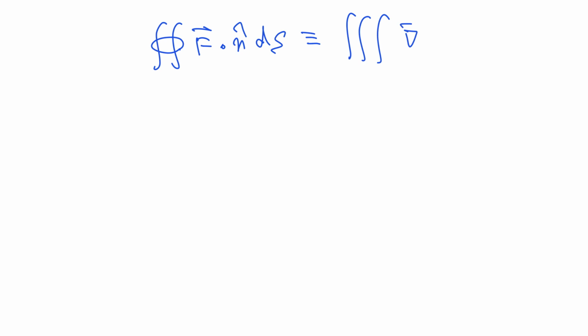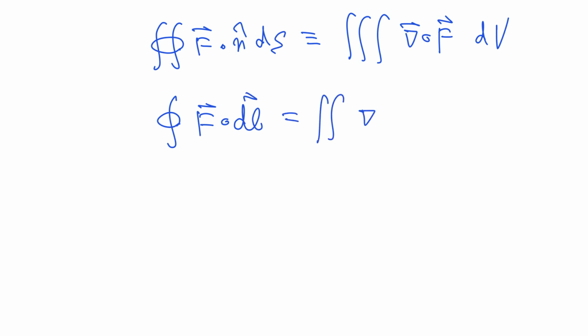Therefore, the closed surface integral of F becomes a volume integral with the divergence of F. And we have found that another, the closed line integral, becomes a surface integral with a curl. Right?